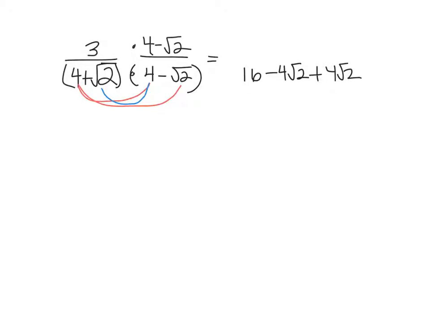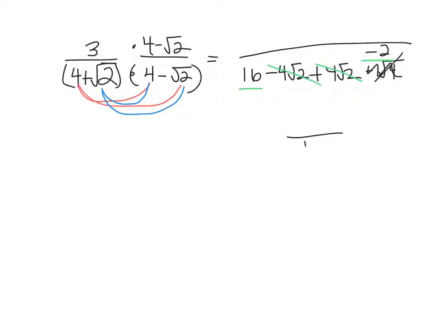And then radical 2 times negative radical 2 gives you negative square root of 4, which can simplify to minus 2. So what you can see here is that we have negative 4 radical 2 plus 4 radical 2. They cancel. And then we're left with 16 minus 2, 14 in your denominator.